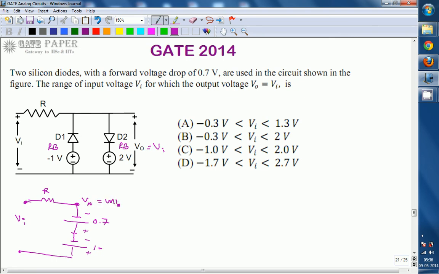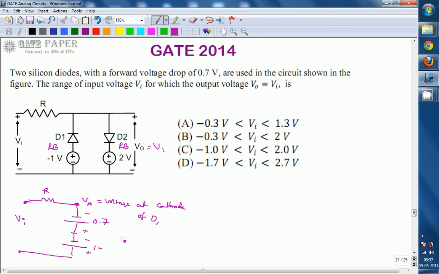This is the voltage at the cathode of D1, which is nothing but the N side of D1. What is the definition of reverse bias? Whenever the P side voltage is more positive than the N side, the diode is under forward bias.